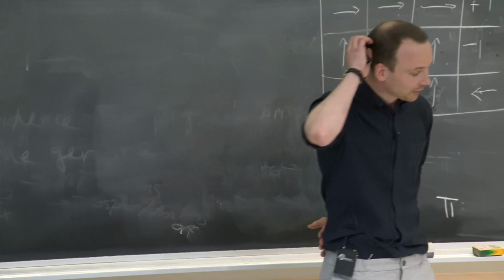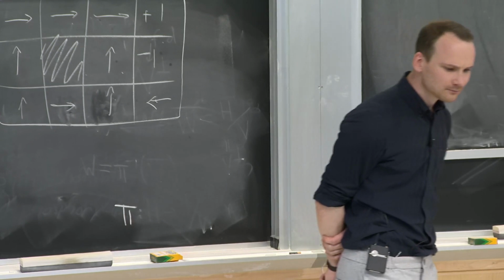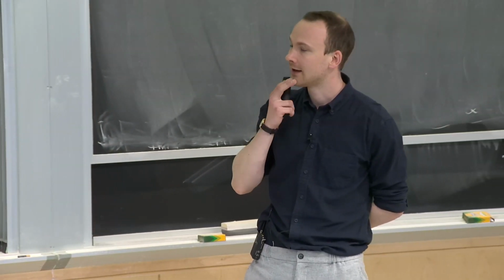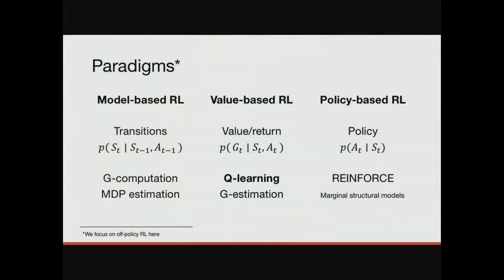So we'll move into reinforcement learning now. And what I had you do on the last slide, well, I don't know which method you used, but most likely the middle one. There are 3 very common paradigms for reinforcement learning, and they are essentially divided by what they focus on modeling.